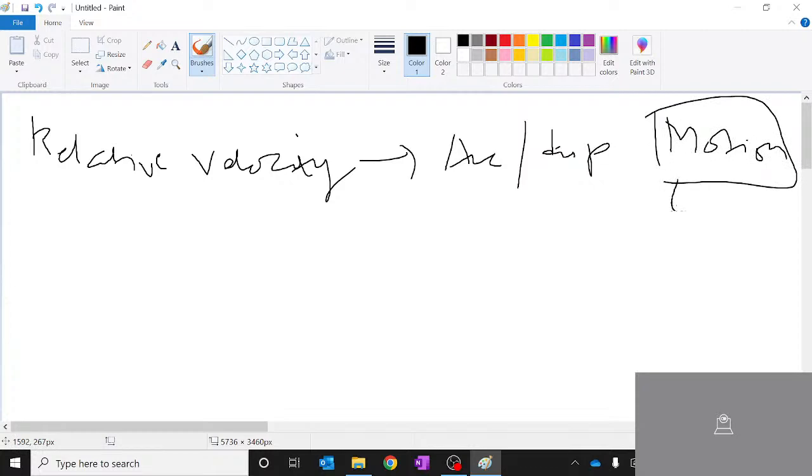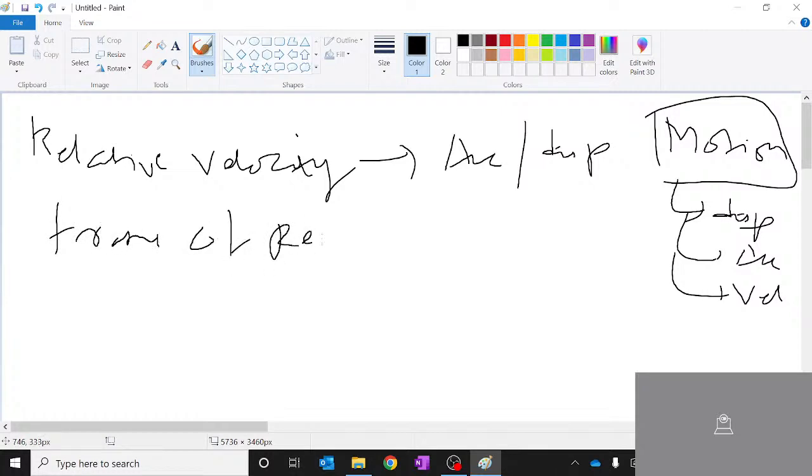Because you have a motion, you get displacement, acceleration and velocity, so you can get relative displacement, relative acceleration and relative velocity. Clear? Understood? Now the most important thing to understand the concept is the frame of reference.